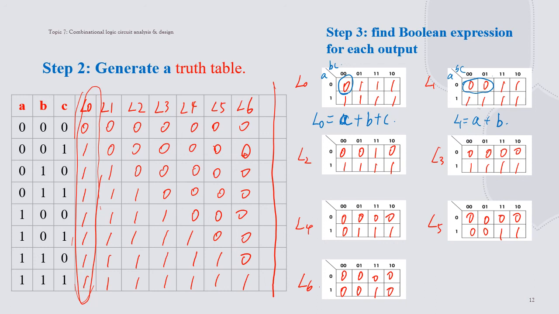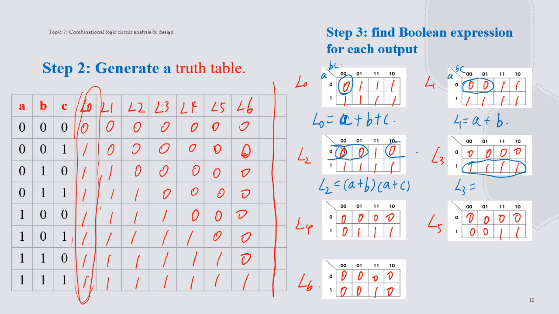For the other one, also it's easier to do POS, and we have only 2 groups. So L2 equal to, for this one we have A or B, and for this group we have A or C.